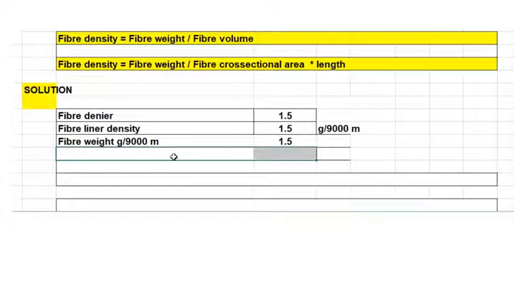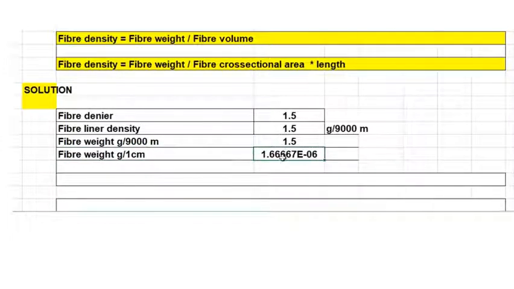So we are finding the weight for 1 centimeter of fiber. So weight in grams for 1 centimeter is equal to 1.5 divided by 9,000 into 100 to convert into centimeter.